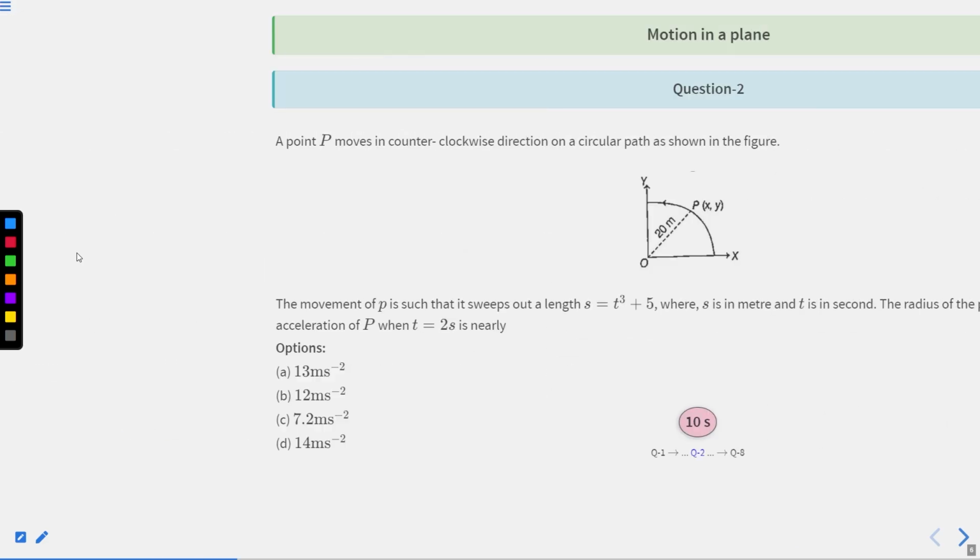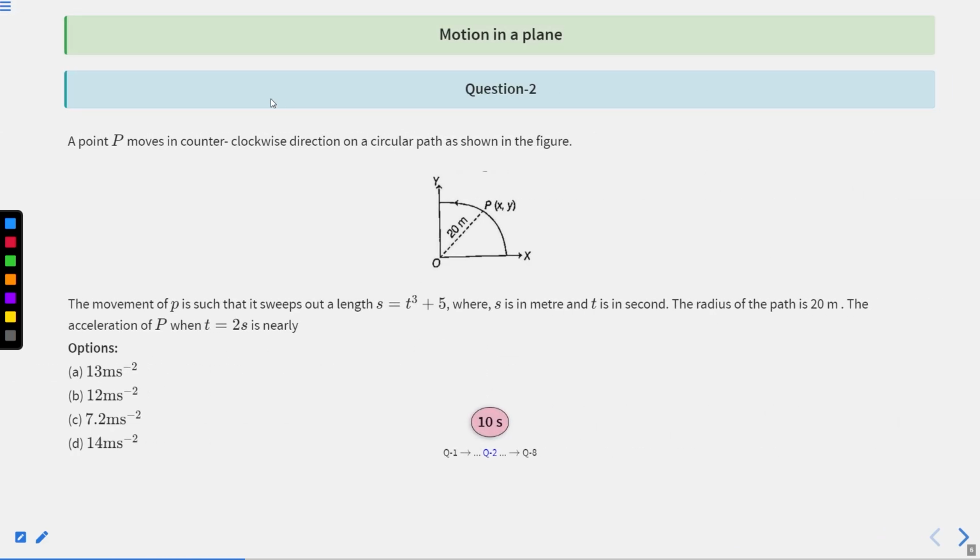Next question, question 2. Read the question carefully and try to solve. A point P moves in a counterclockwise direction on a circular path as shown in this figure.